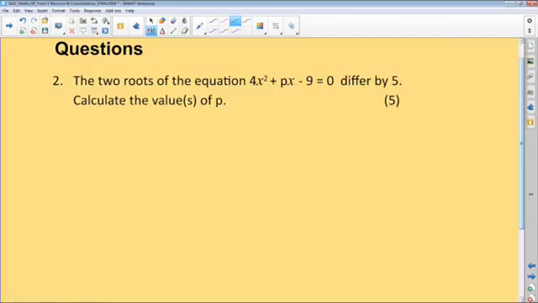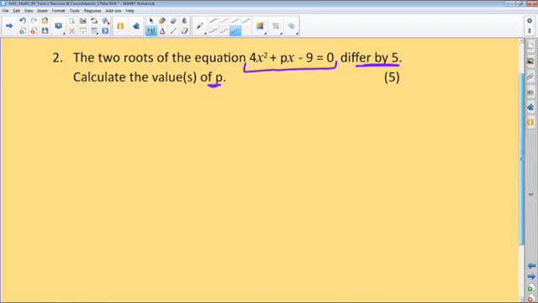The two roots of the equation 4x squared plus px minus 9 differ by 5. Calculate the value or values of p. Now, let's just think through this problem.